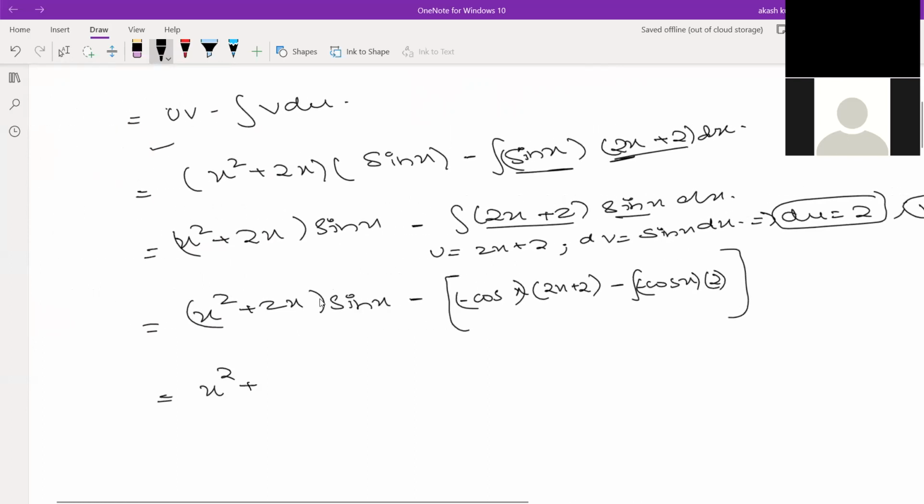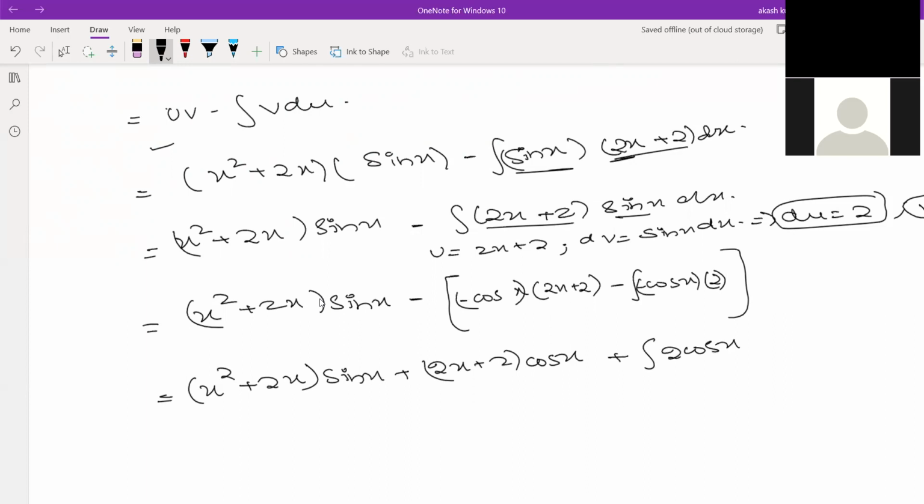So it becomes x squared plus 2x sin x, minus becomes plus. It becomes 2x plus 2 cos x, minus becomes plus. And we have again a minus sign, 2 cos x.